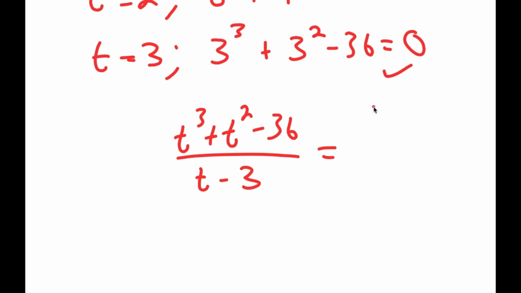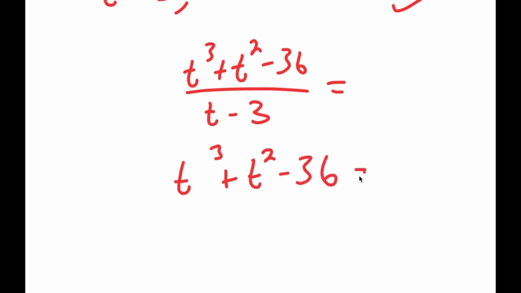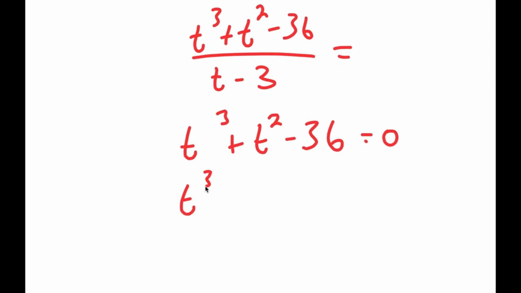Well, t to the power of 3 plus t squared minus 36, I can rewrite this as t to the power of 3 minus 3t squared plus 4t squared minus 36.